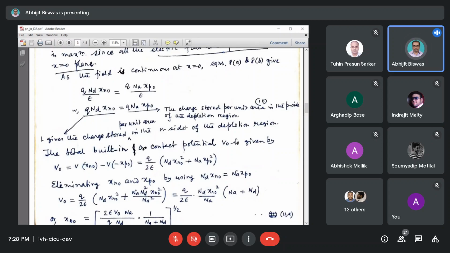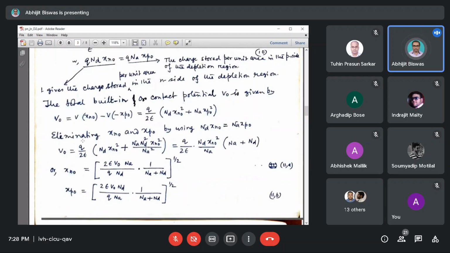And in this case, the width of the depletion region will be very, very small. But if we consider a lightly doped semiconductor, for example, doping concentration is only 10 to the power 15 per cc, the depletion region will be extended much more in that semiconductor.